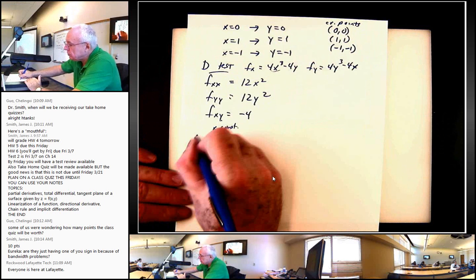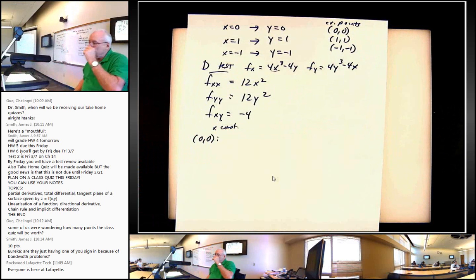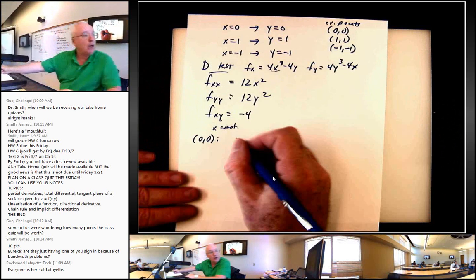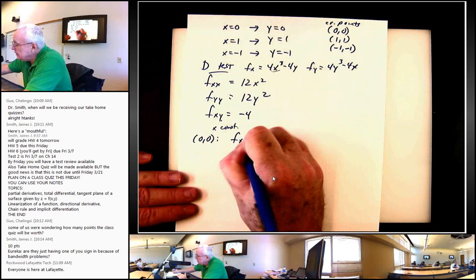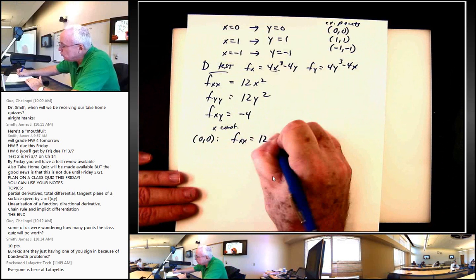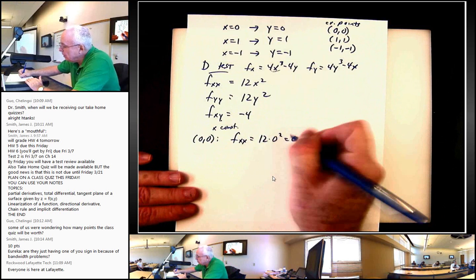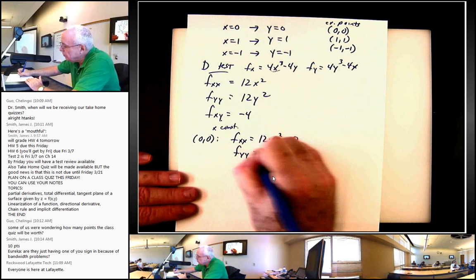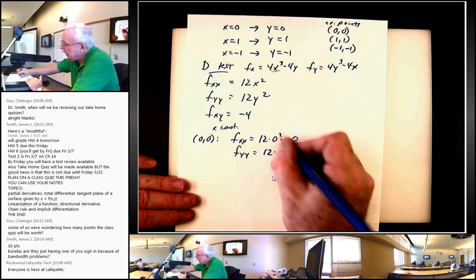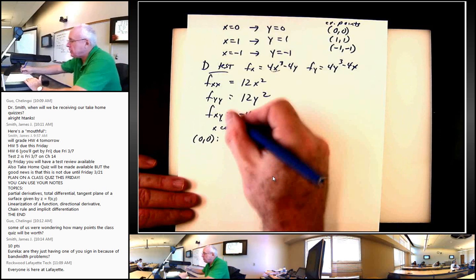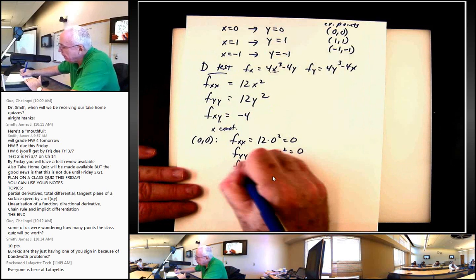Now let's then look at each of our 3 individual critical points. Let's start at 0, 0, and find out what we get here. We get that fxx is equal to 12 times 0 squared, so it's equal to 0. fyy is 12 times 0 squared, it's also equal to 0. And fxy always equals minus 4.